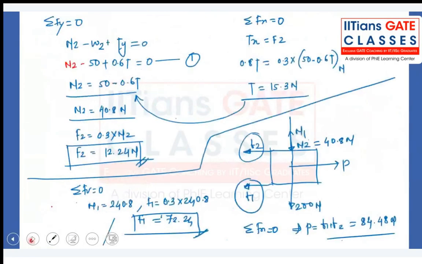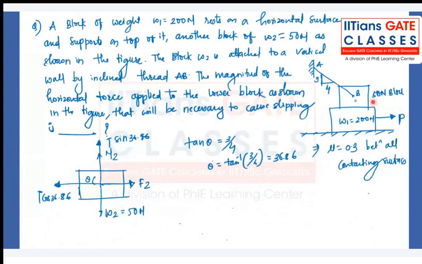Why will it not create the full 50 Newton? Because it is attached to a string, so it will not be fully 50 Newton applied on this block. Some part of it will be taken by the string. If the string is not there, in that case the whole 50 Newton reaction will be applied by block B on block A. Okay, I hope it is clear.